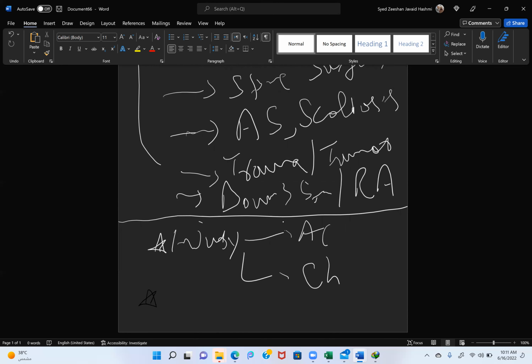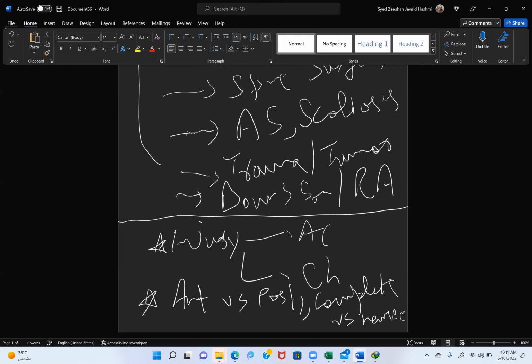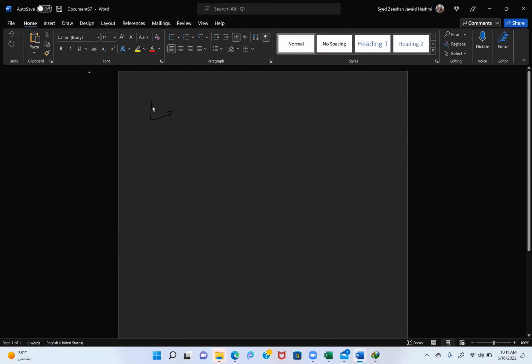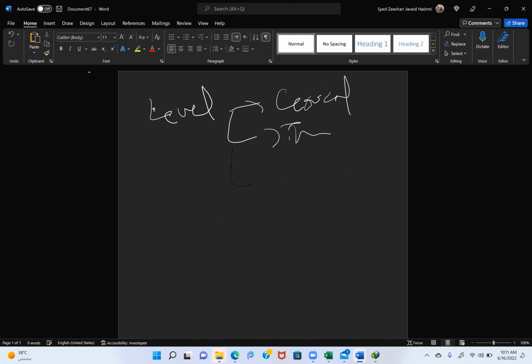Then the other question will be whether it is anterior versus posterior, and whether it is complete versus hemisection, and what level it is: if it is cervical or thoracic or lumbar.